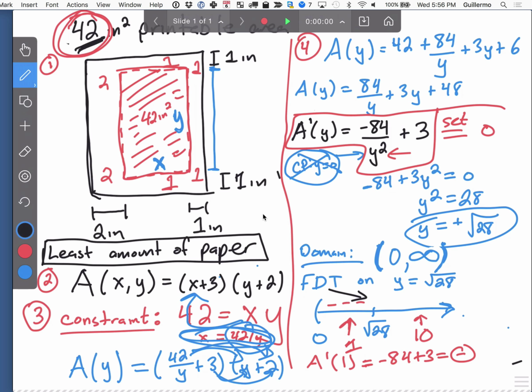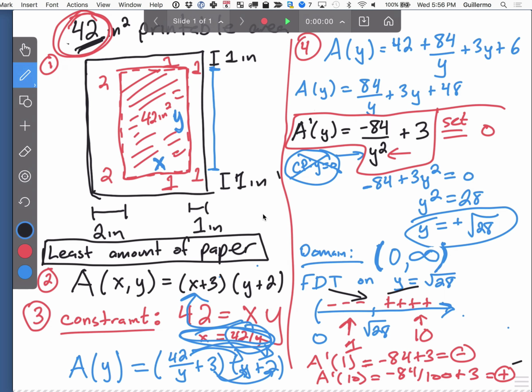And then if I plug in 10, what do I get? I get minus 84 over 100 plus 3. What is that? That's a positive number, right? Minus 84 over 100, that's less than 1, so then it's going to be a positive number.